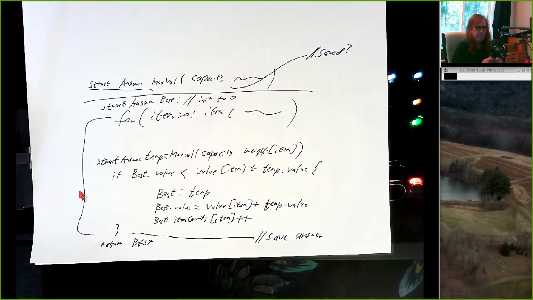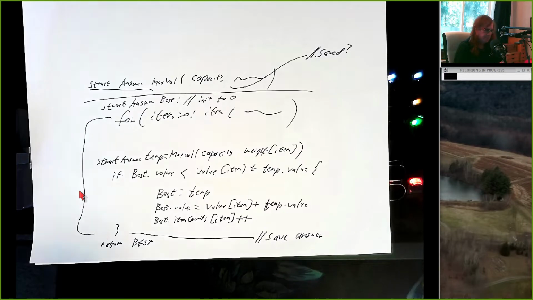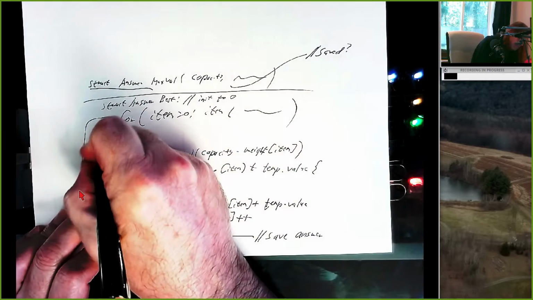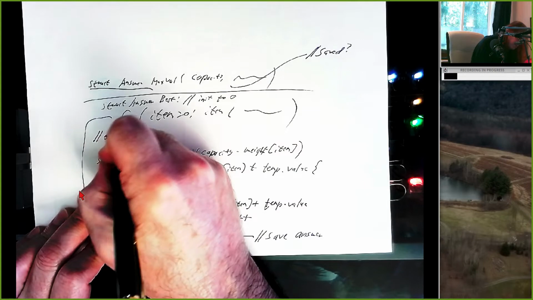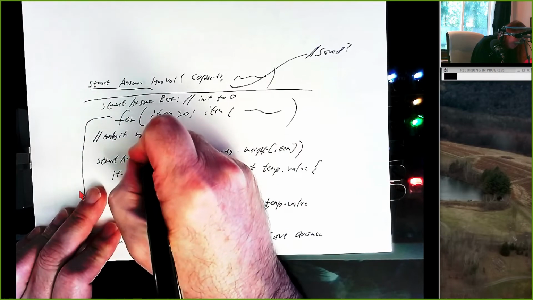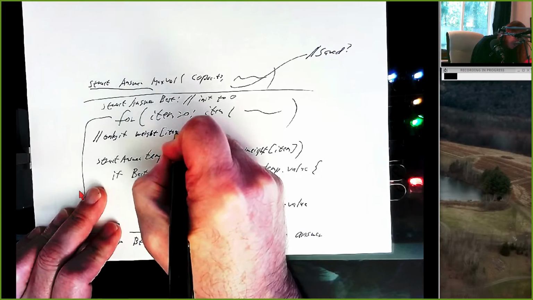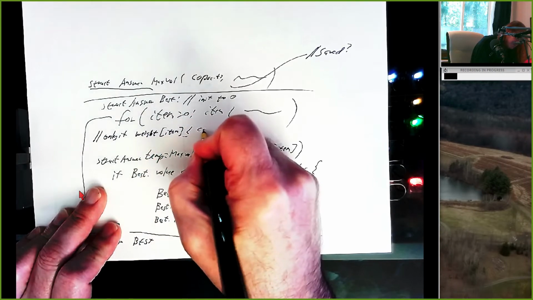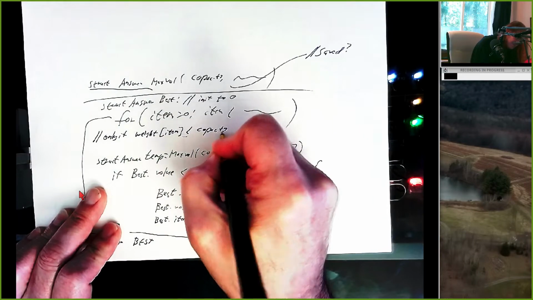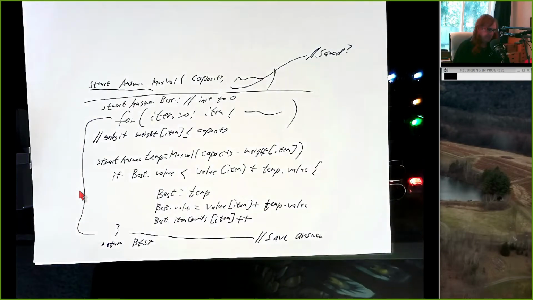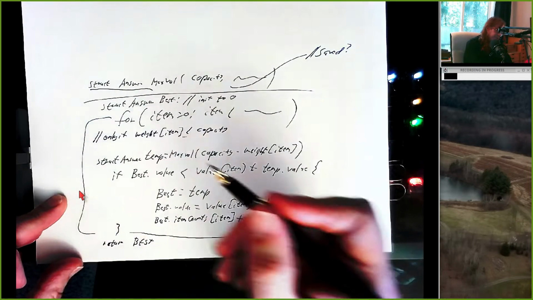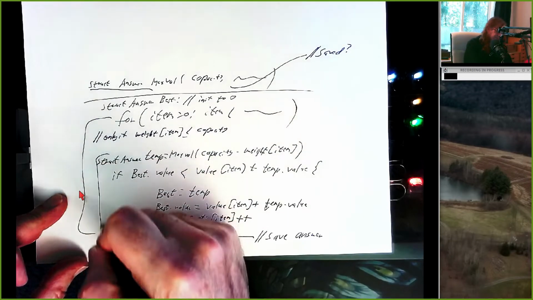So I feel like I'm not doing the algorithm right, but I'm wondering if that's the right comparison. So we should do this only if the weight of this item is less than or equal to the capacity. That's the only time we want to do all of this business.